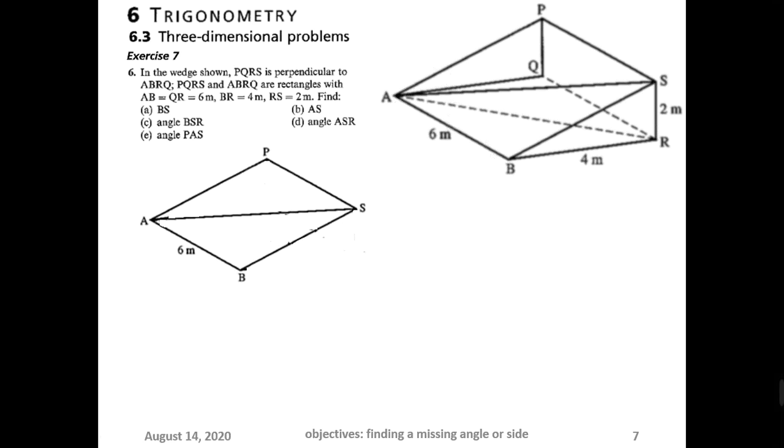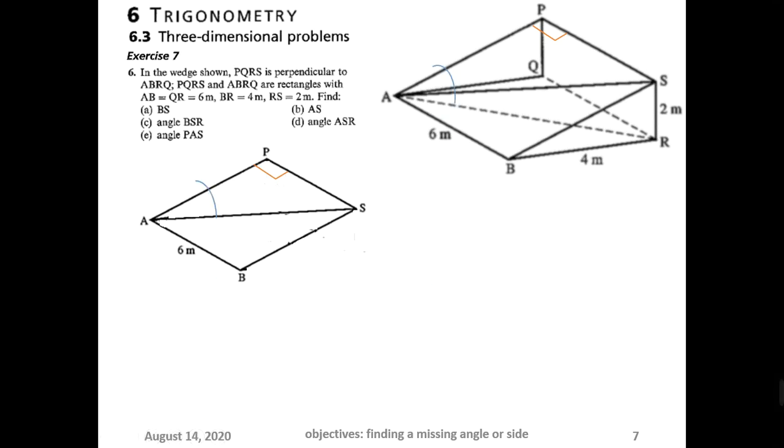Rectangle ABSP. And every two opposite sides are equal. So if AB is 6, then BS is 6 as well. Identify the right angle, as you can see it here in the 3D object, and this is here in the 2D object, or the top side of the prism.